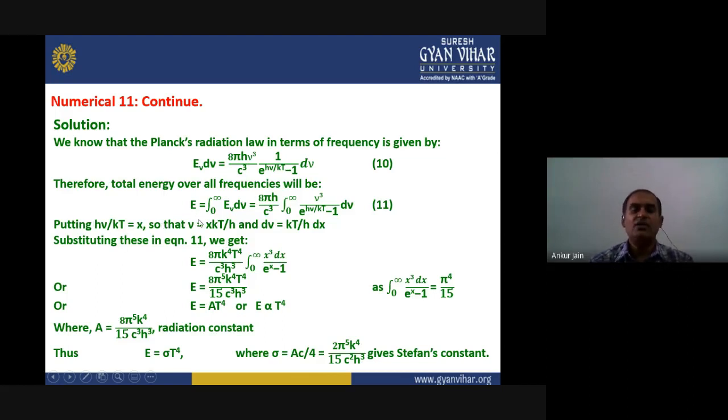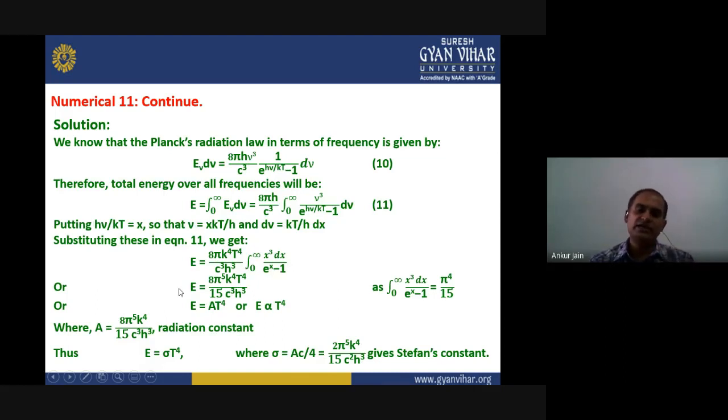After differentiating this, we get d nu equals kT upon h into dx, right? Now substituting this value in equation 11, we get E equals 8 pi k to the power 4 T to the power 4 divided by c cube h cube, integration from 0 to infinity of x cube dx upon e to the power x minus 1.